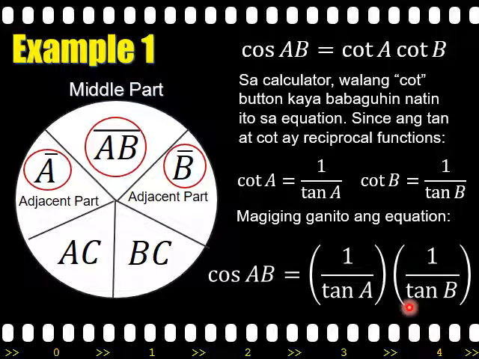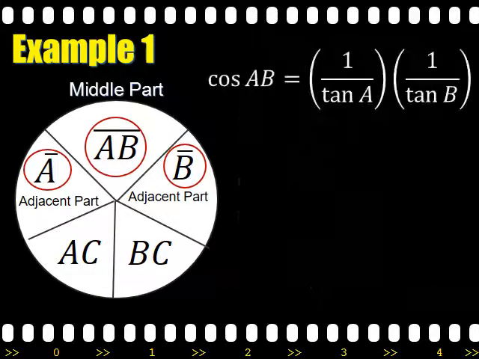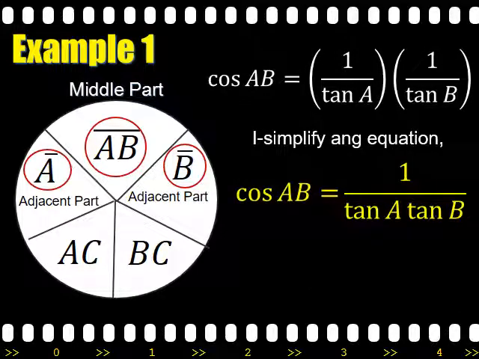Now, let's try to simplify. Di ba kapag nagmumultiply tayo ng fractions, minumultiply muna natin yung numerator to numerator and then denominator to denominator. So, ano magiging itsura ng final equation natin? Okay, so pag sinimplify natin siya, ganito na siya. So, 1 times 1 equals 1.